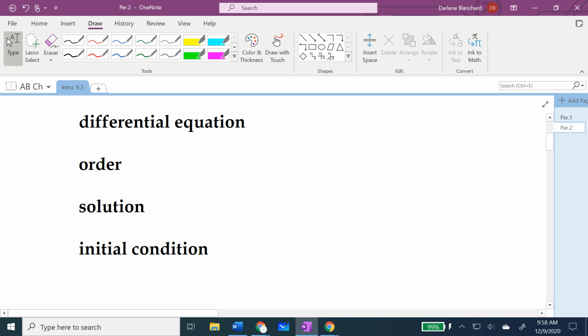Know that on a test, I'll be clear if I want you to isolate your y, and the AP test is also. When you're expected to isolate your y, it'll usually say solve y equals f of x.